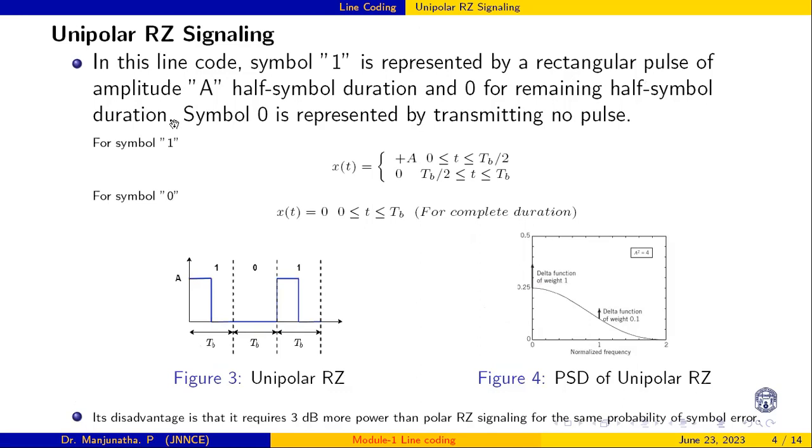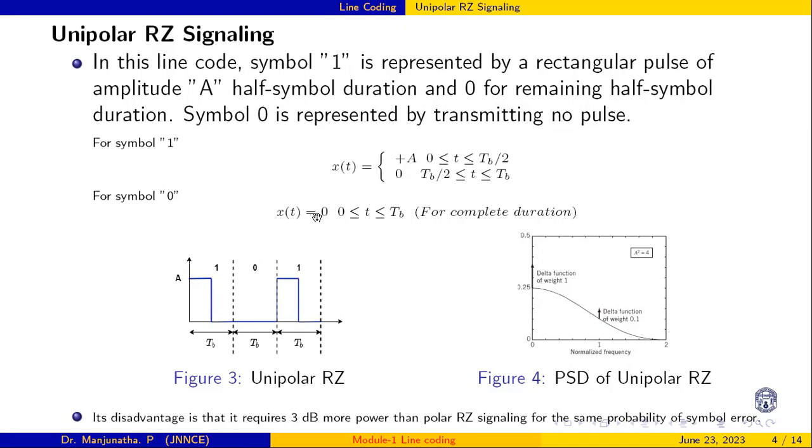Unipolar return to zero signaling. In this line code, 1 is represented by a rectangular pulse of amplitude A for half the symbol duration, and 0 for the remaining half. Symbol 0 is represented by transmitting no pulse. That is, for symbol 1, x of t is equal to plus A for 0 to T by 2 and 0 for the remaining half of the duration.